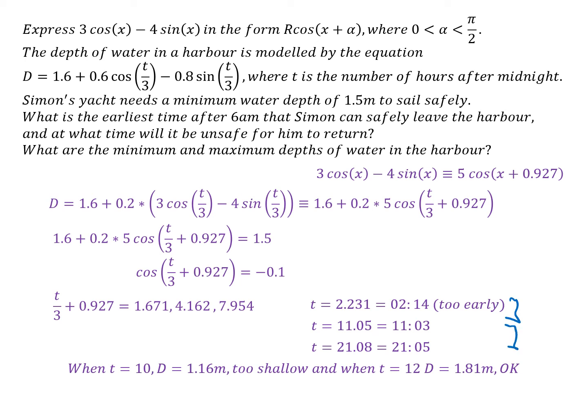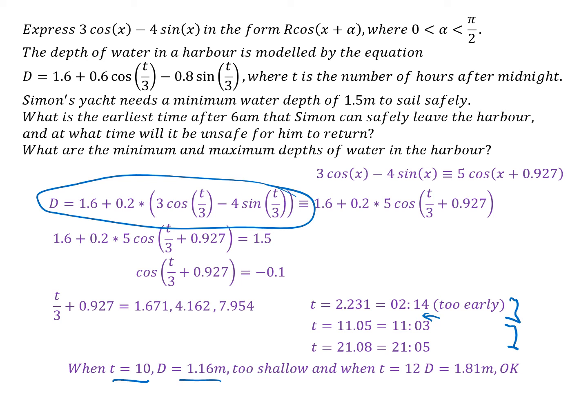And I've chosen to look at a value of t equals 10 between the first two times, and that gives a value of d. When I put t equals 10 into the expression for d, I get a depth of 1.16 meters, which is too shallow.